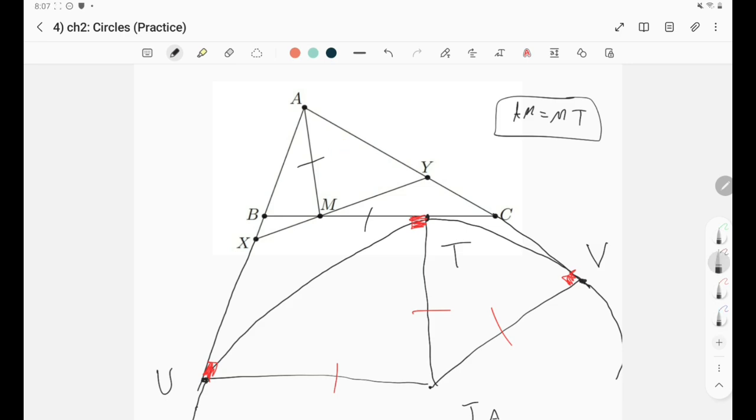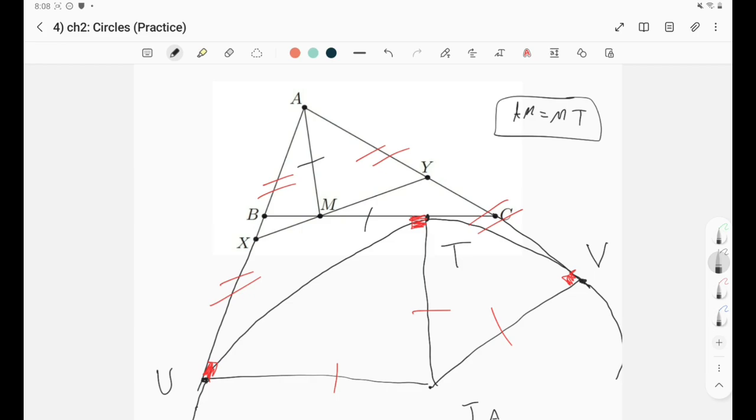Let's recap our question. We're given triangle ABC, the A-excircle, the tangency points U, V, and T, and from these midpoints, let's visualize that, we draw line XY, and it intersects BC at point M. And our goal is to show that MA equals MT. Alright, how exactly can we show MA equals MT?